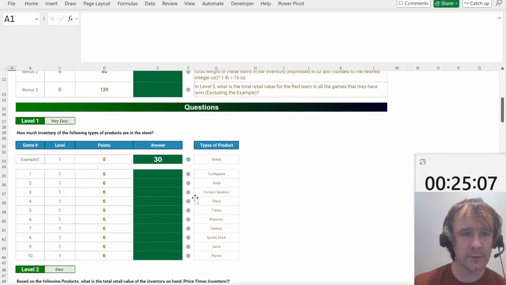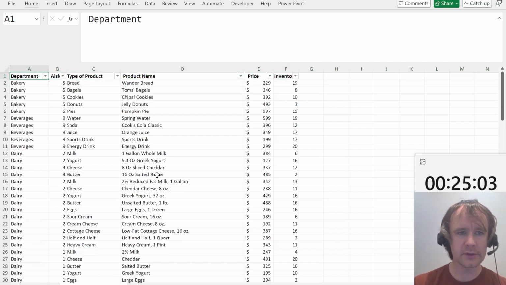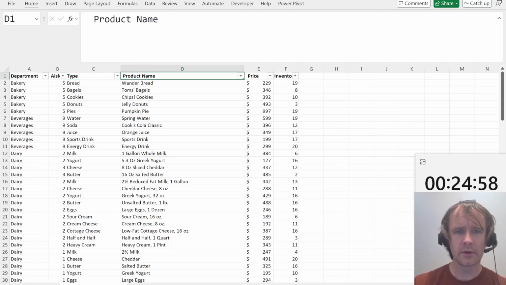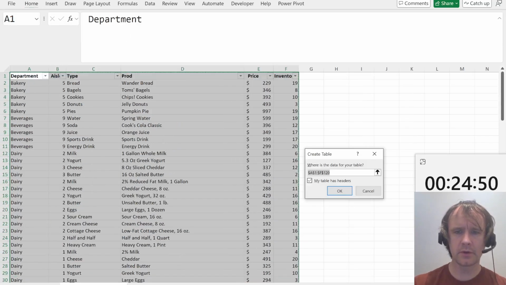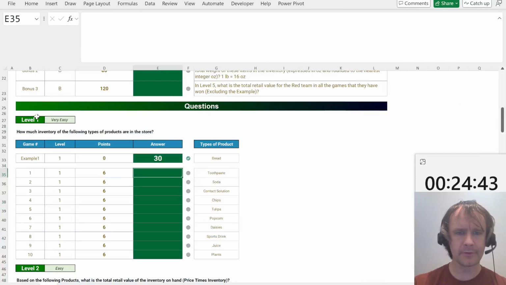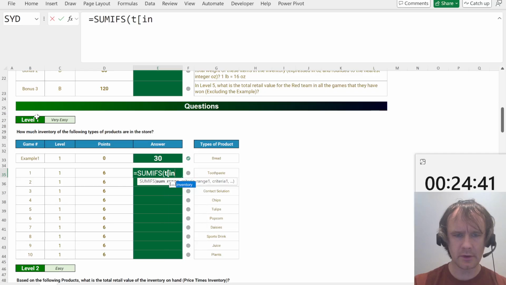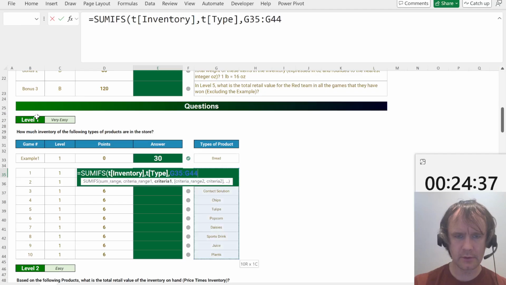All right. So how much inventory of the following product types is in the store? So first of all, we'll do this. Product, price, inventory, make this a table, we'll name it T. So I think we want to sum ifs T inventory where T type is this.